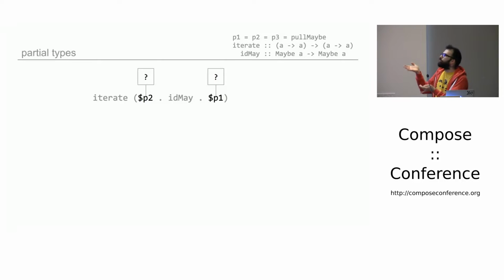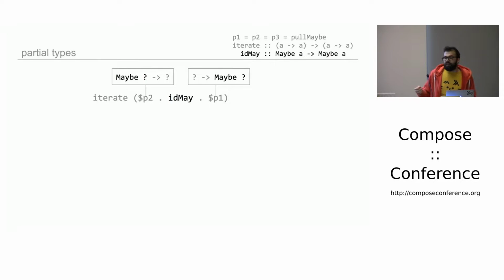It's as if I had put an underscore, a type hole at those positions. I don't know anything about poolMaybe. I'm inferring what its type should be from iterate, IDMay, and function composition, from the fact that $p1 and $p2 occur in a function composition. I know that the two positions, $p1 and $p2, must be functions.